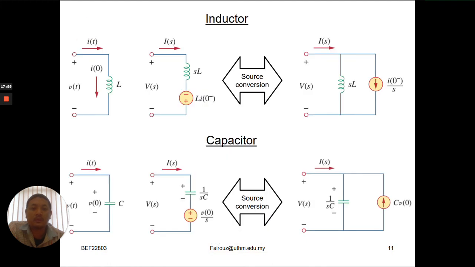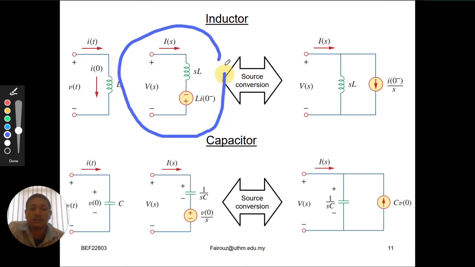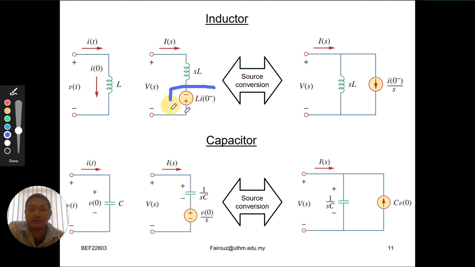So basically as you can see here, this is the inductor, right? And this is the inductor in S domain with voltage source representing the initial condition of the inductor.